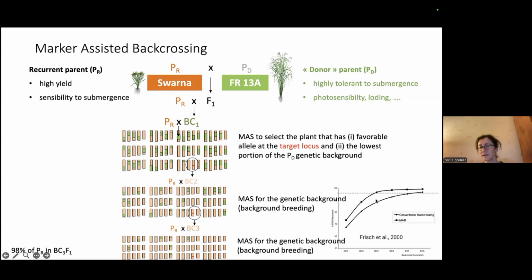In the small graph on the bottom right, the lower line is the conventional backcrossing without marker-assisted breeding, and the upper line with the squares is marker-assisted backcrossing, which allows you to recover more of the recurrent parent genome, shown on the y-axis, along the different backcrossing generations, on the x-axis.